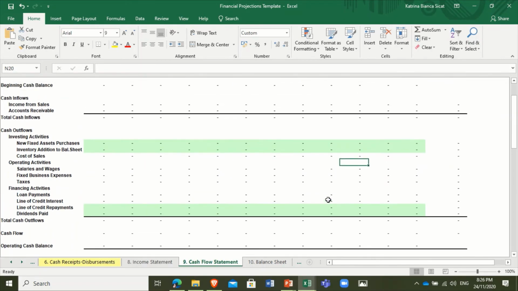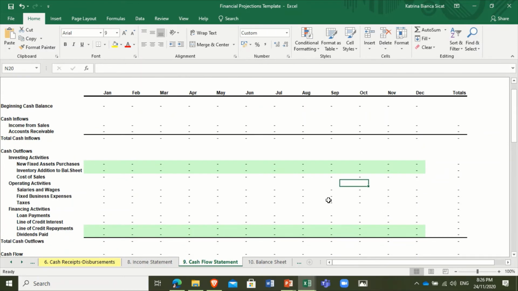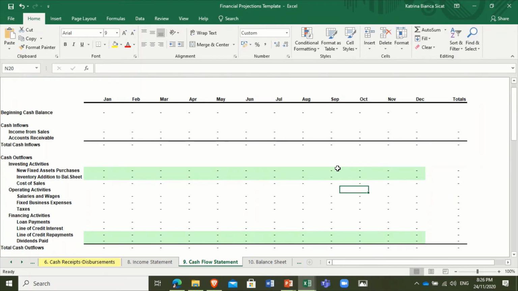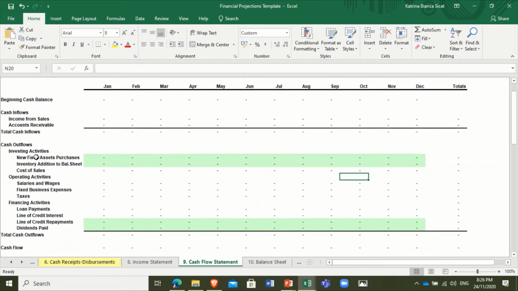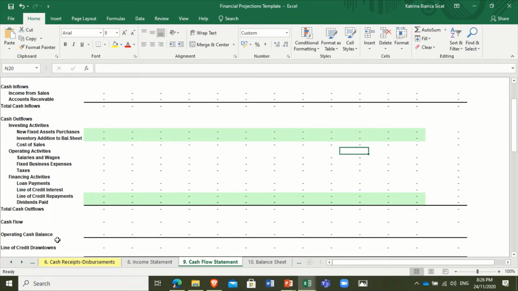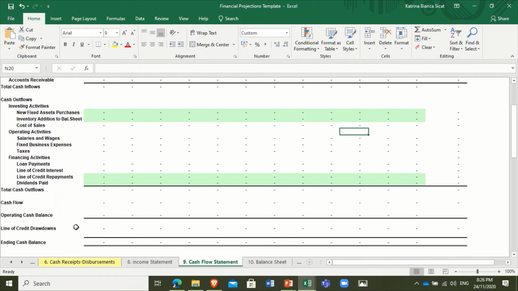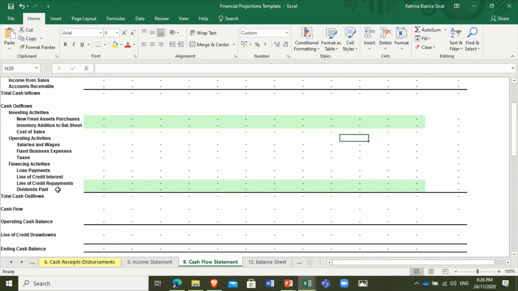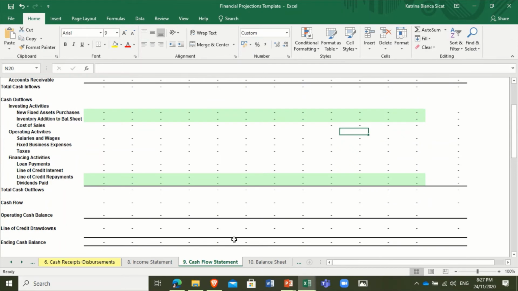Okay? For the cash flow statement, if you can still recall what cash flow means, it simply shows how cash comes in and how cash goes out. So these are examples of the cash that goes out of the firm. This is the cash outflow. The cash flow is computed automatically. Okay? You already have an ending cash balance.